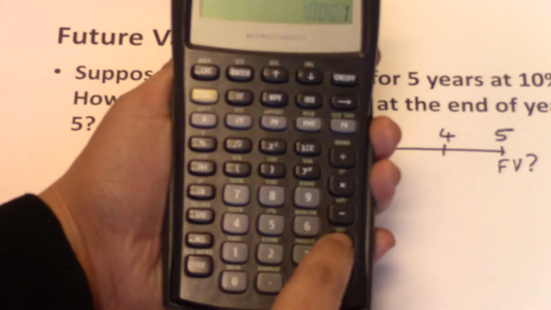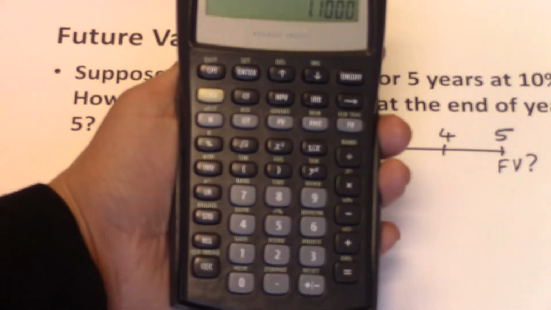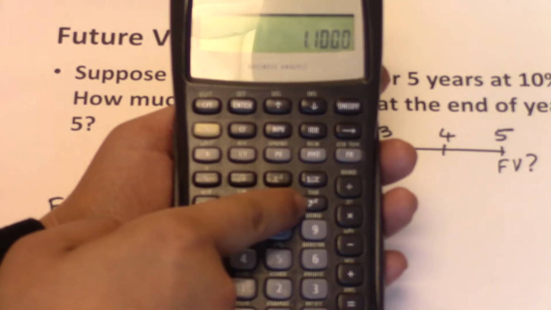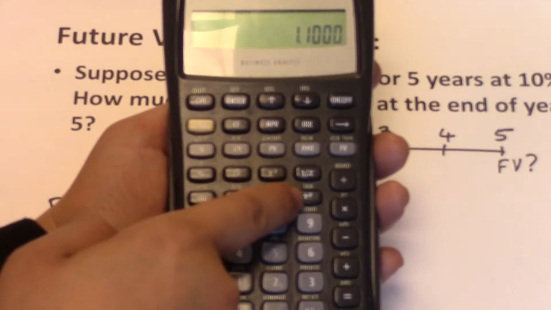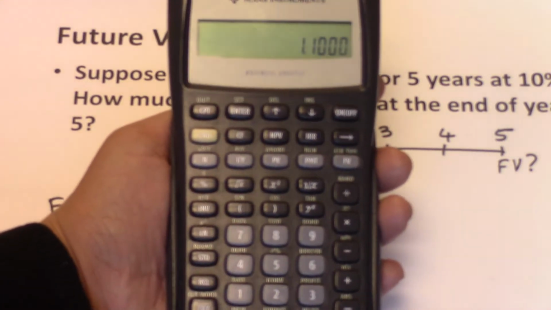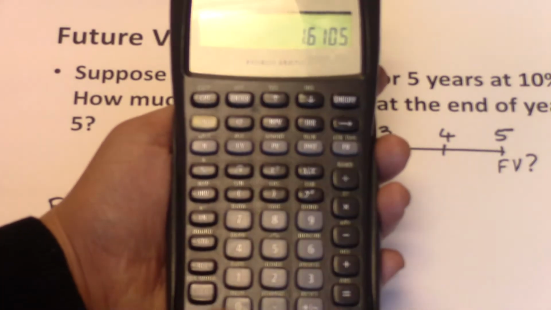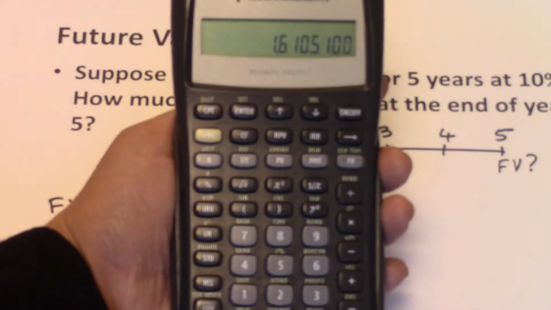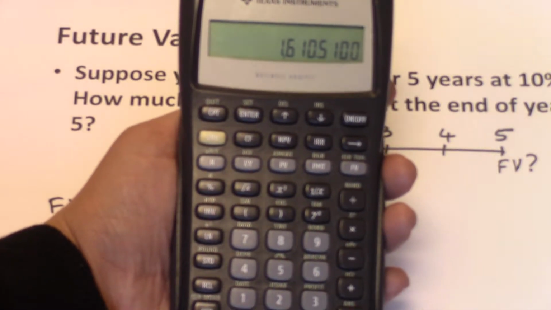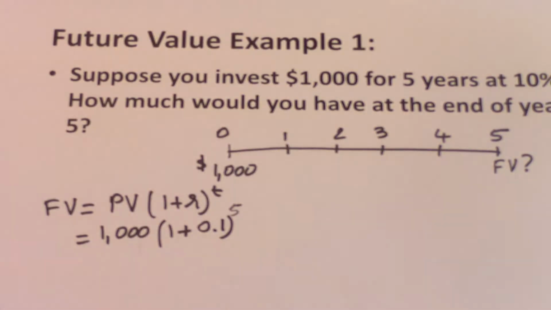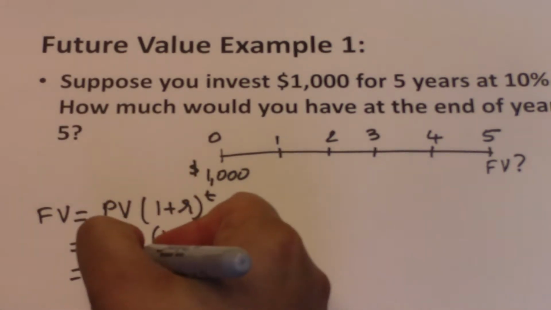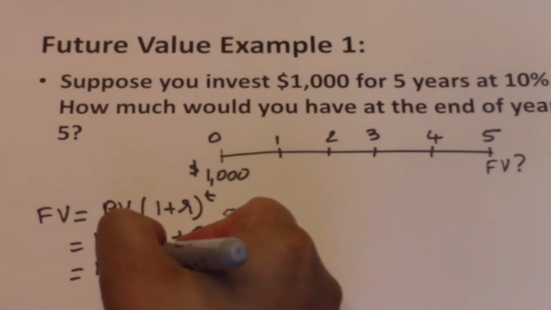So 1 plus 0.1 equals 1.1, and we raise it to the power 5. We use the y to the power x, which is the key right above the 9, 5, and then we multiply by 1,000. And we're gonna get a future value of $1,610.51.